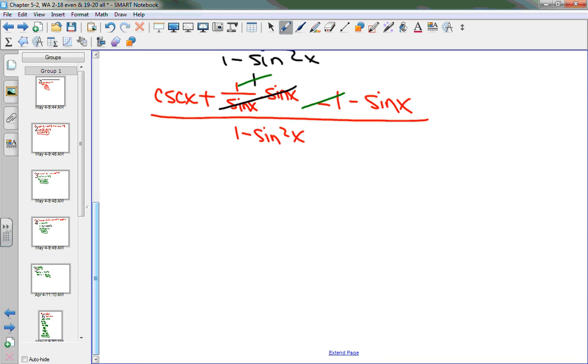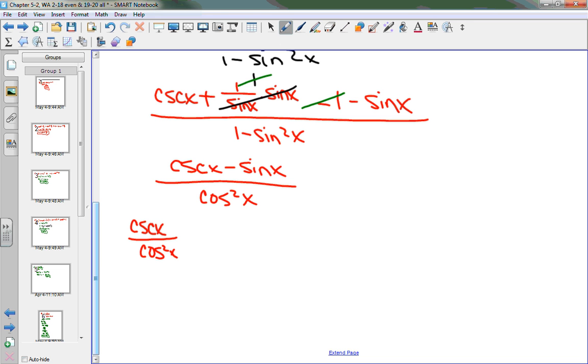So now what am I left with? The cosecant of x minus the sine of x. And what is 1 minus sine squared of x? Cosine squared of x. Well, just like we had the trick previously with separating them, we're going to do that same trick now. So I'm going to have the cosecant of x over the cosine squared of x minus sine of x over cosine squared of x.